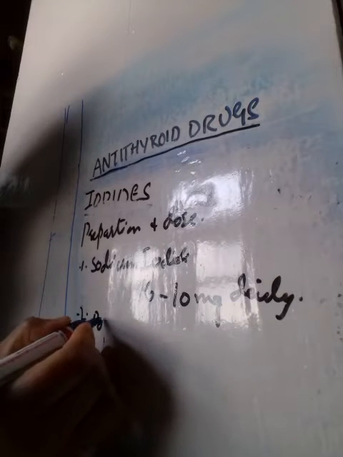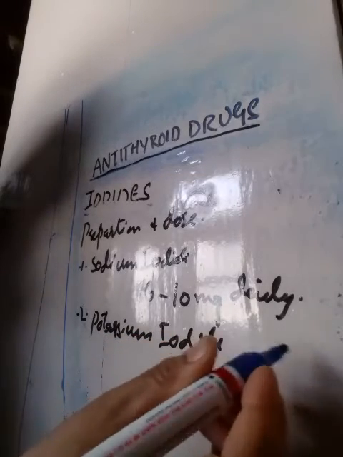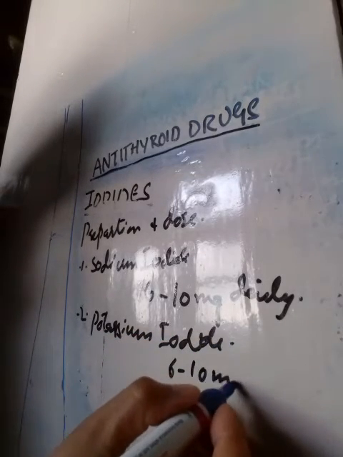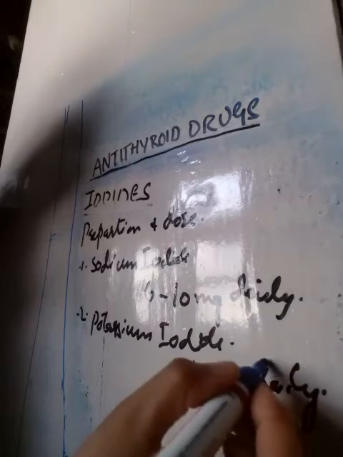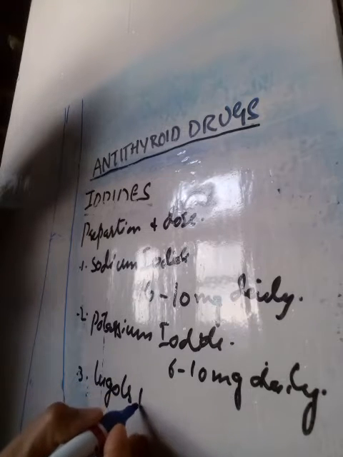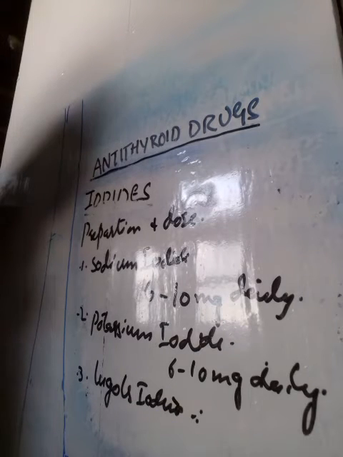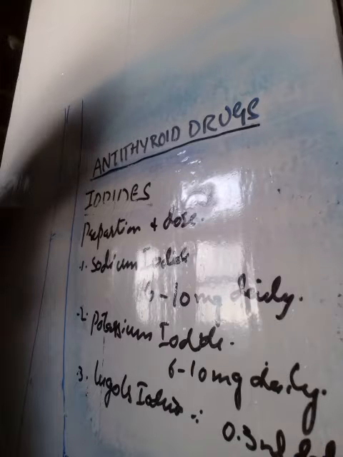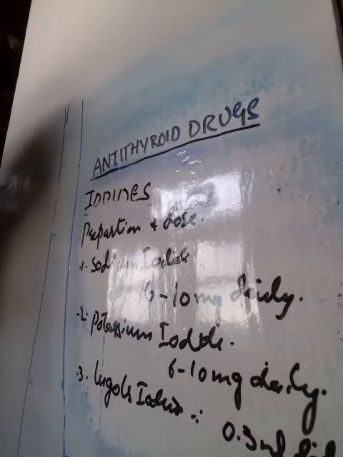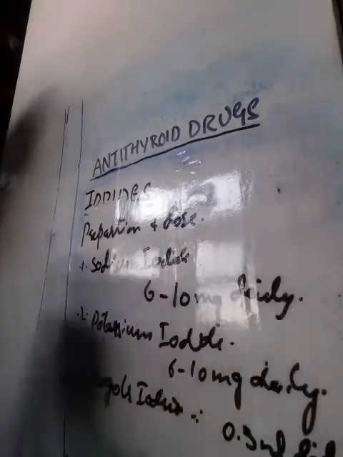Potassium iodide, same dose, 6 to 10 mg daily. Next is the Lugol's iodine. Its dose is 0.3 ml daily. Lugol's iodine is 5% iodine and 10% potassium iodide. So this was about the preparation and doses of iodides.